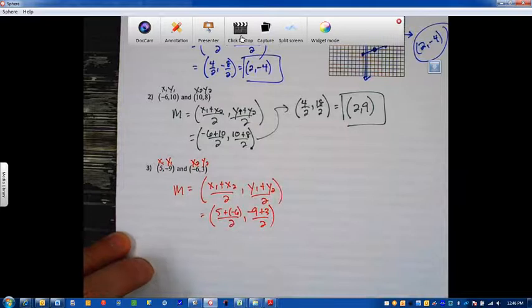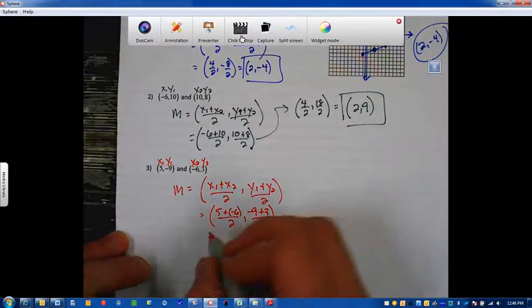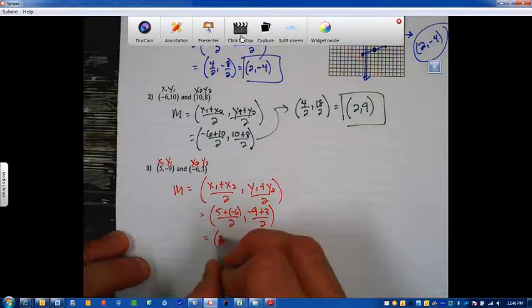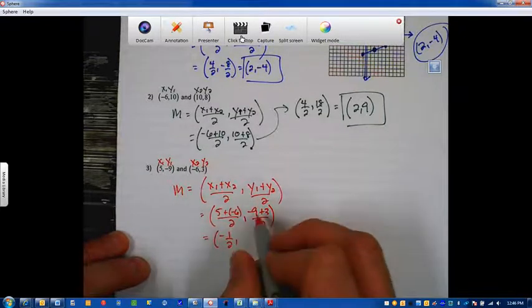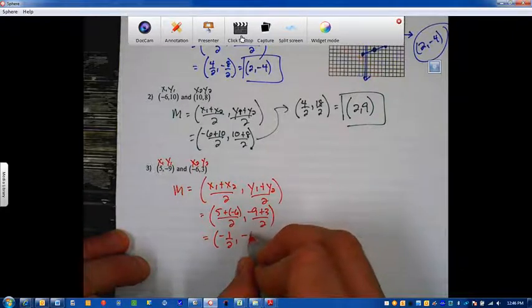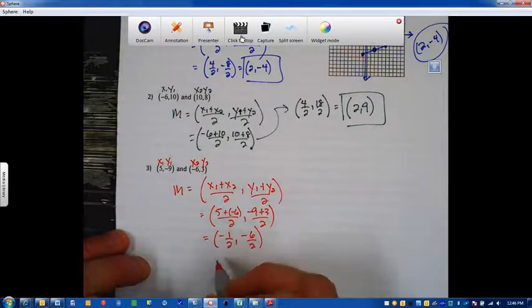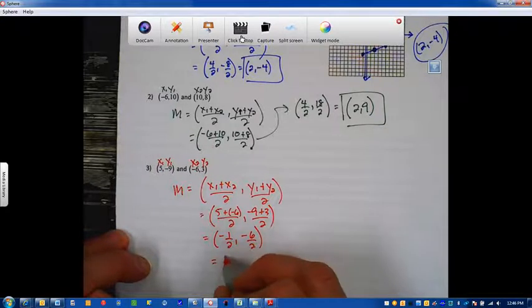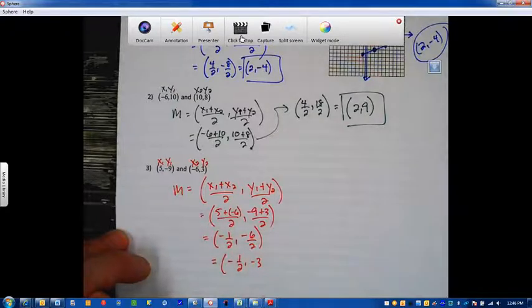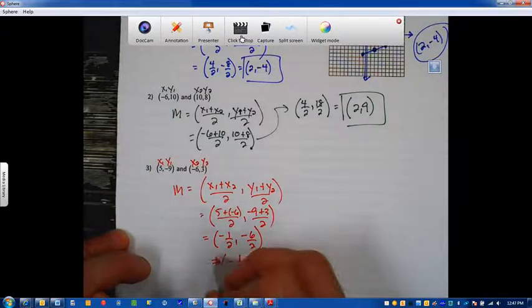Just plugging stuff in. Simplifying, 5 plus negative 6 is actually going to be negative 1. Negative 9 plus 3 is actually going to be negative 6, I believe. Okay. In this case, this one doesn't reduce, which is actually not uncommon. You're left with negative 1/2, and negative 3. And those are the coordinates you need.